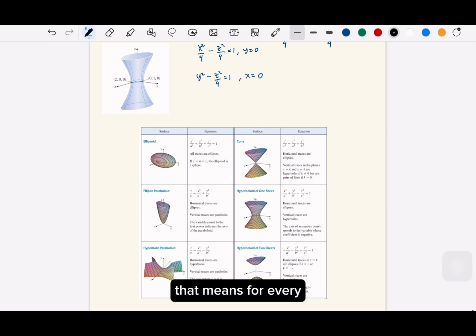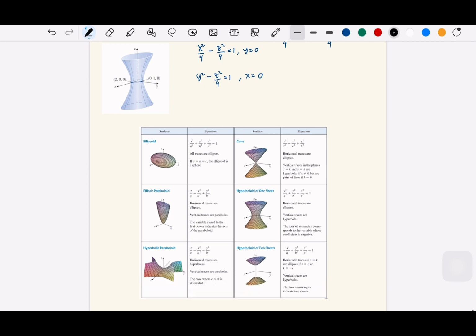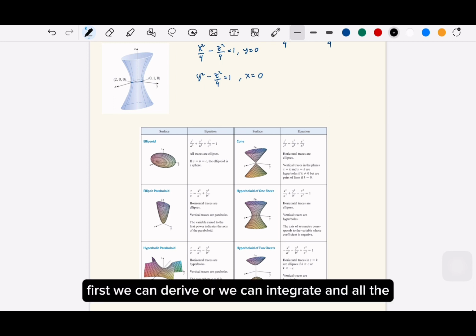That means for every part of the vectors, we can first derive or we can integrate, and all the properties that we already learned in calculus, we can also apply on each part of the vectors.